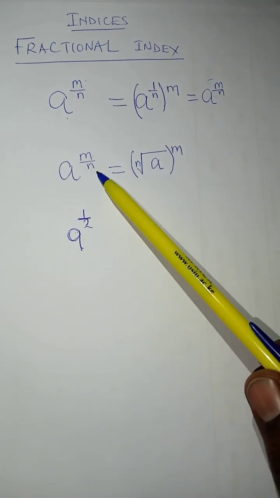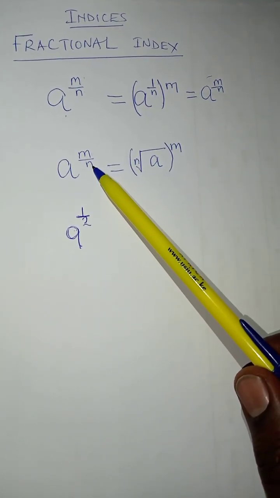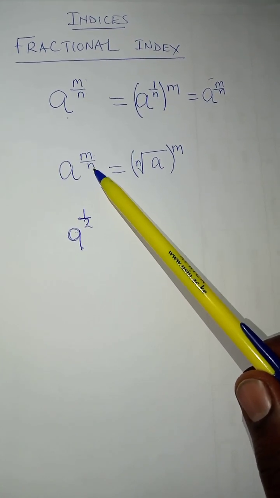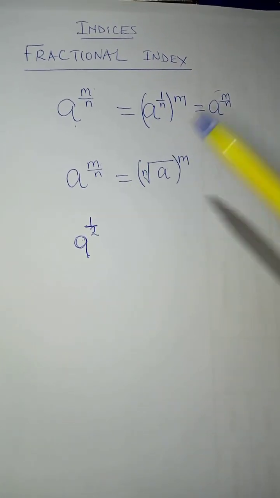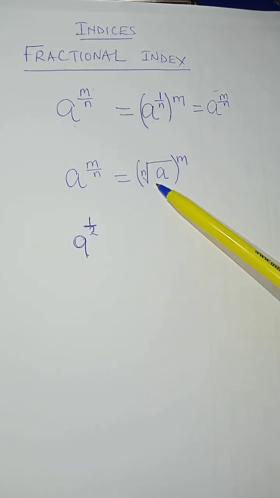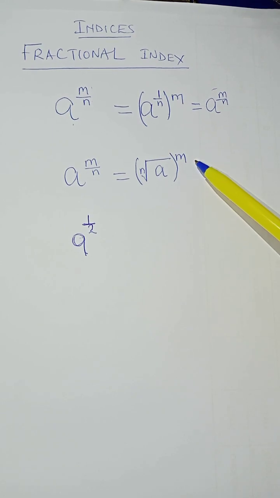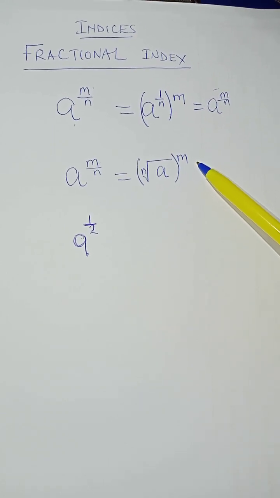If n was 2, it is the square root. If it is 3, cube root. If it is 4, fourth root, and so on and so forth. After finding the nth root, raise the whole thing, your answer, to the last power m.